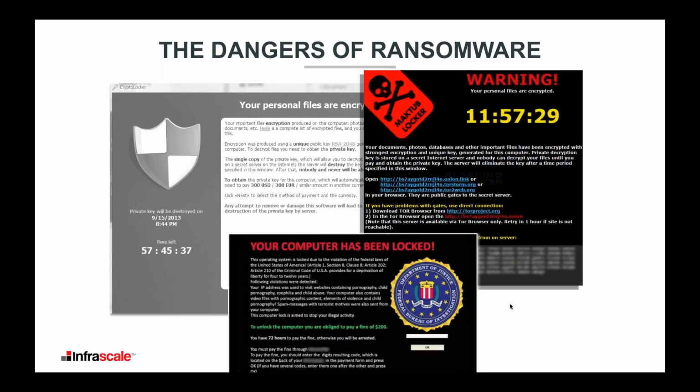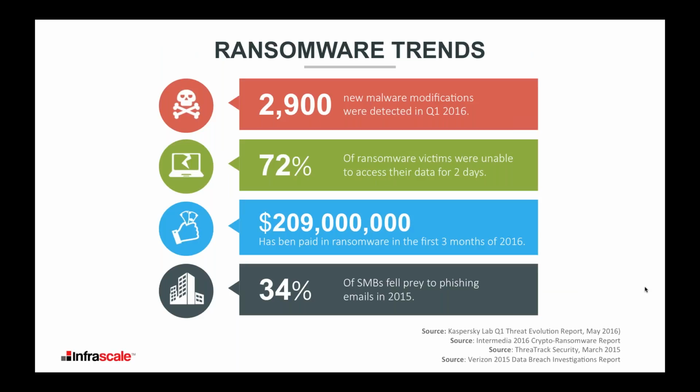So let's just look at a couple more trends with ransomware. What we've seen is that in 2016, Q1, the first quarter this year, almost 3,000 new malware modifications were reported.